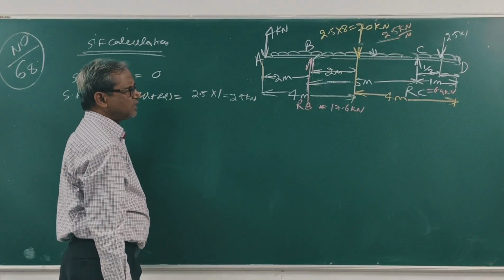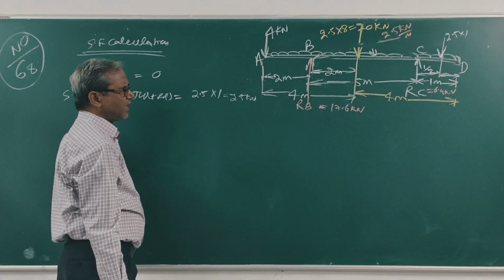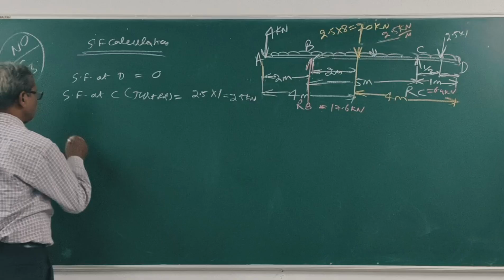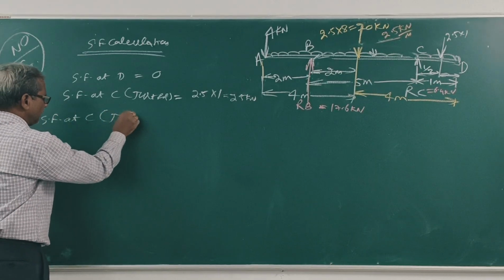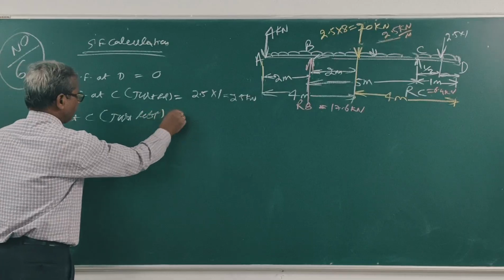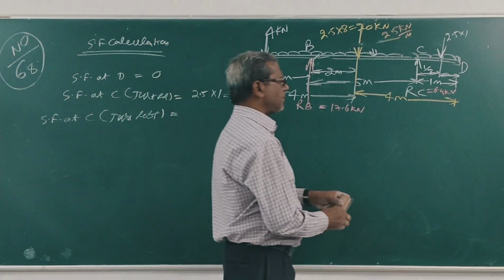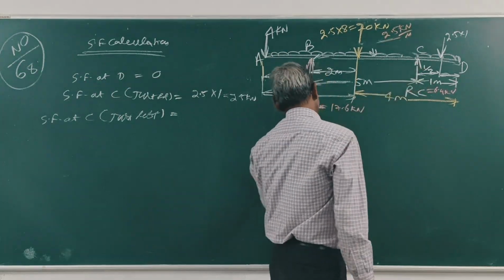C just right. Let us take C just left. Shear force at C just left. C just right is 2.5. Shear force at C just left is 2.5 minus 6.4. Clear? C just right 2.5.